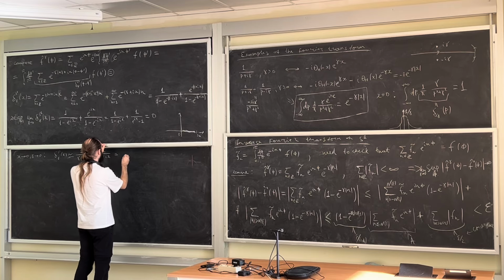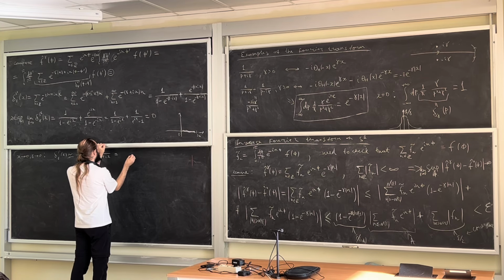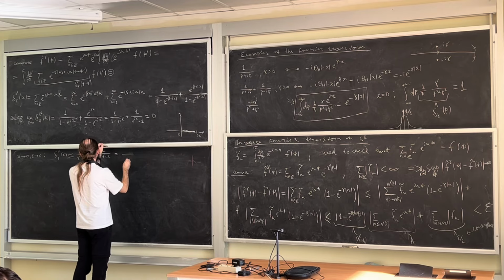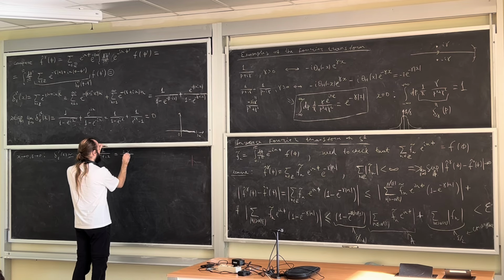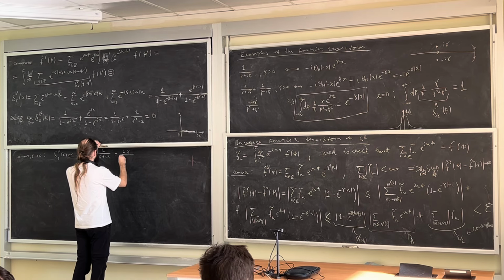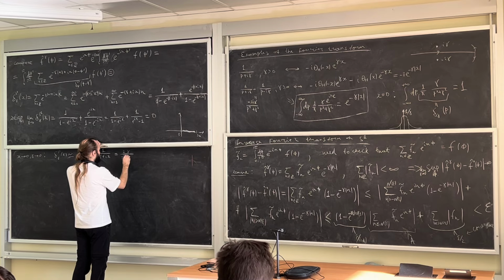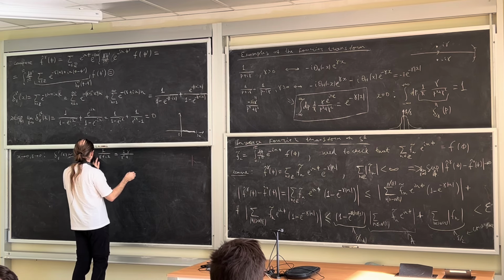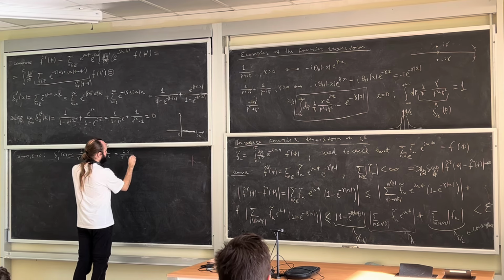So this equals gamma over gamma squared plus x squared.